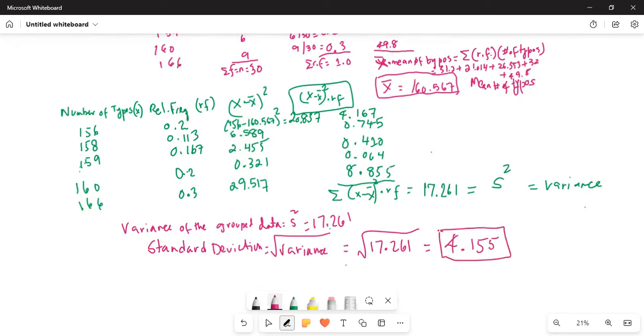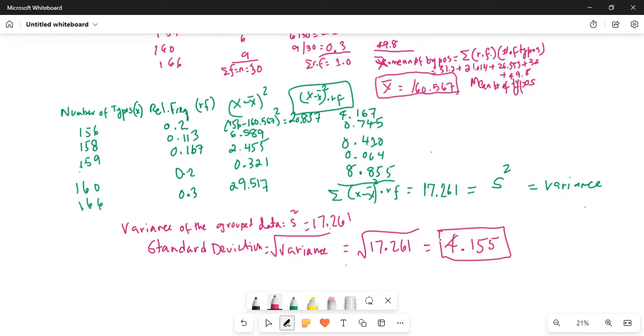So that is the standard deviation of this grouped data, 4.155. And previously we showed you how to calculate the mean, which is 160.567. So this is where we are using the formula.